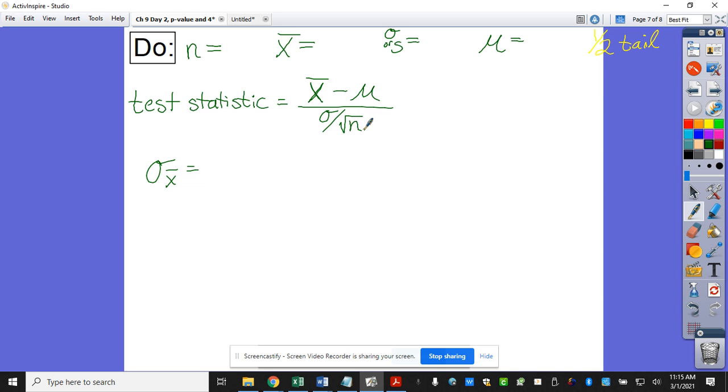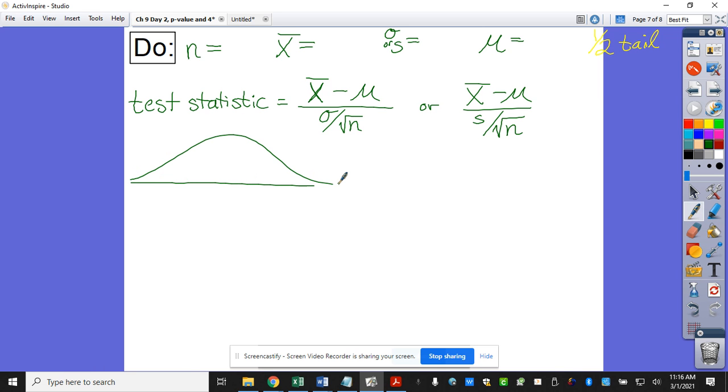So we're basically to the point where instead of going through multiple steps, writing this and then writing off to the side what that equals, we just go ahead and put that there. Or technically, it could be x bar minus mu divided by sigma over square root of n, or s over square root of n, depending on which one it is. And then we have to draw and shade. Find the p-value of that test statistic.